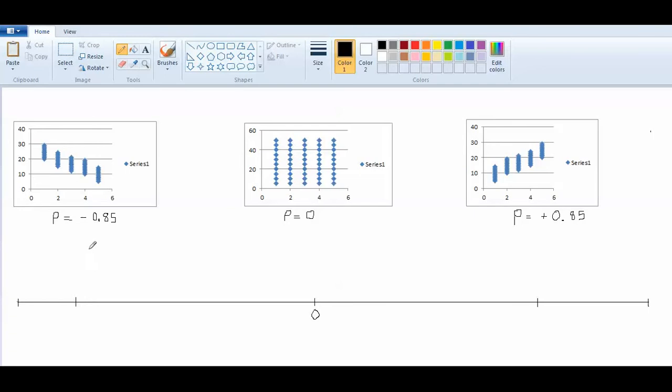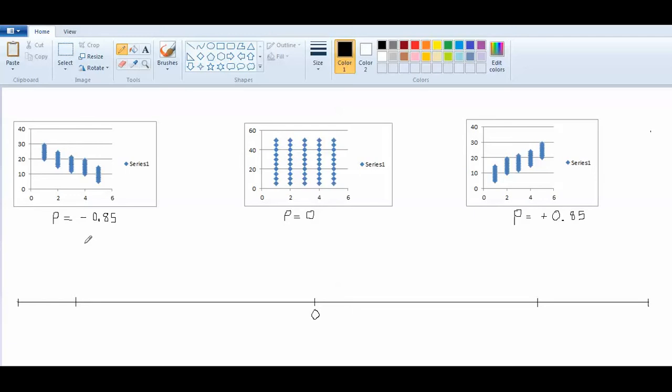So if the population correlation coefficient is negative 0.85, then most of the sample correlation coefficients will be somewhere near negative 0.85. Just like how the sample mean tends to be close to the population mean, the sample correlation coefficient tends to be close to the population correlation coefficient. But there's a few things we have to think about, though. That's really only true if the sampling is random.